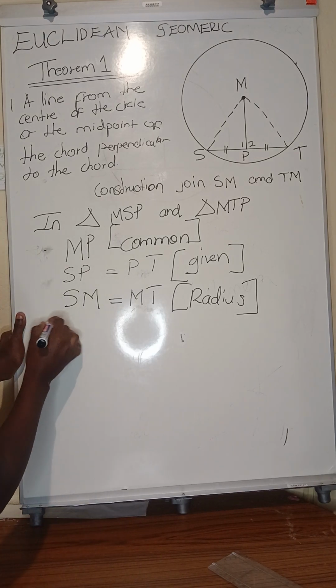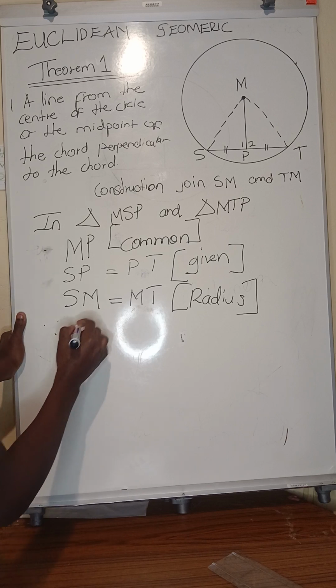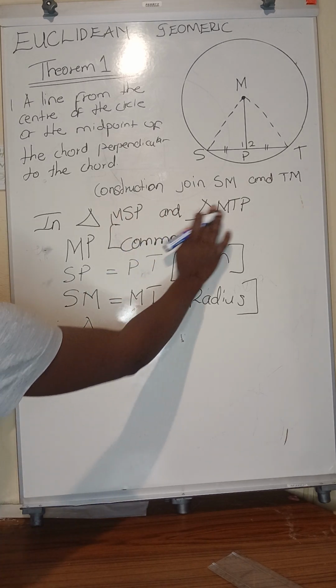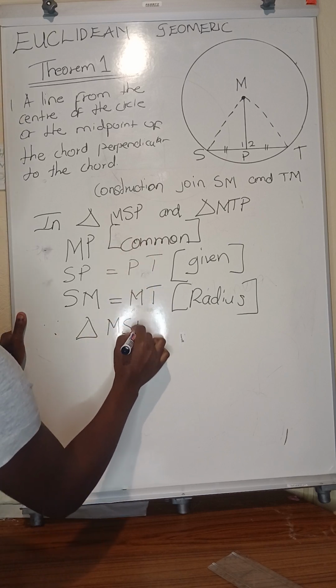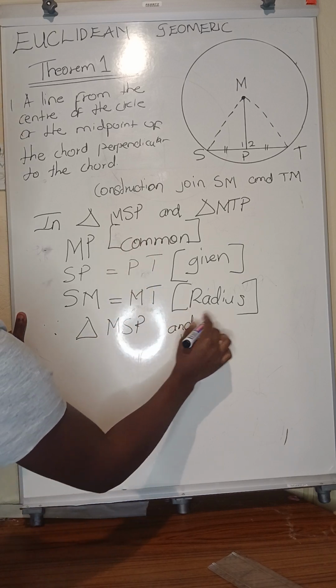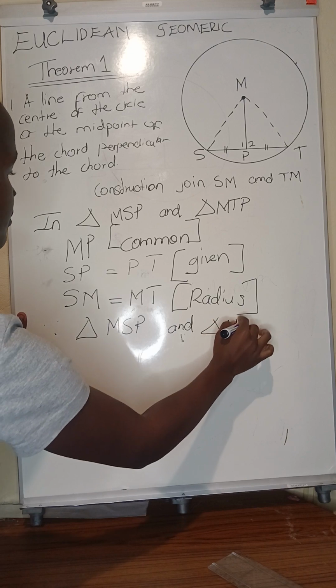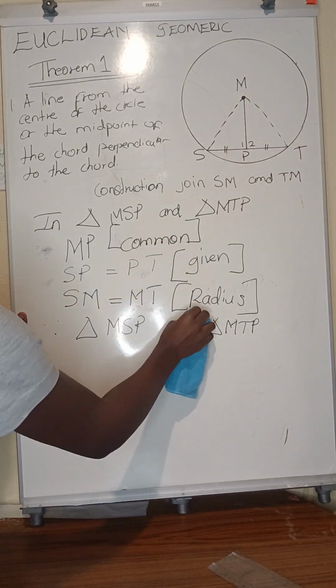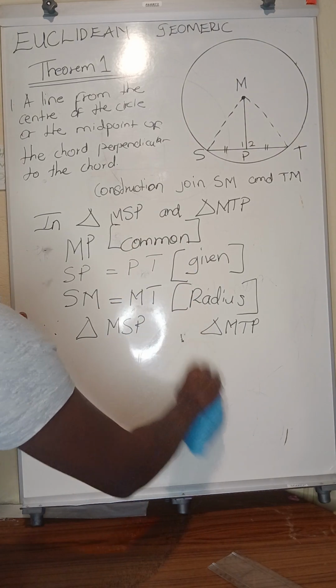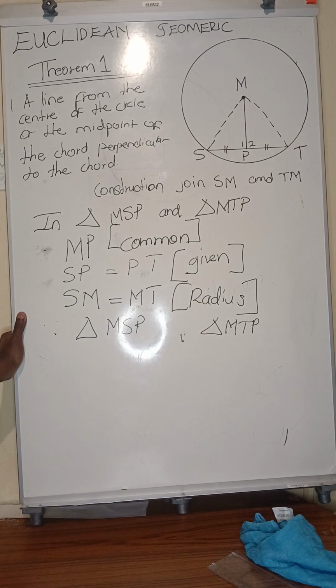We say, because we proved, therefore triangle, you copy this statement. Therefore triangle MSP and triangle MTP. I made a mistake. I'm sorry. Triangle MSP.